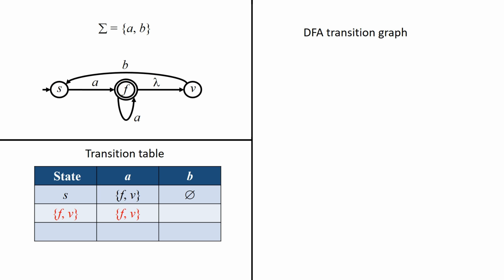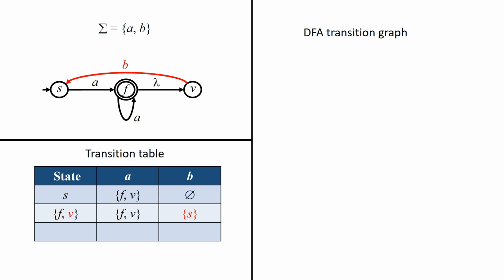Now from the state FV, where does it go with B? Again, we investigate it one by one. First F. From F, where does it go with the symbol B? It goes first with the lambda transition and with B to the state S. Note that for symbol B, we have lambda followed by B. Now, from V, where does it go with B?